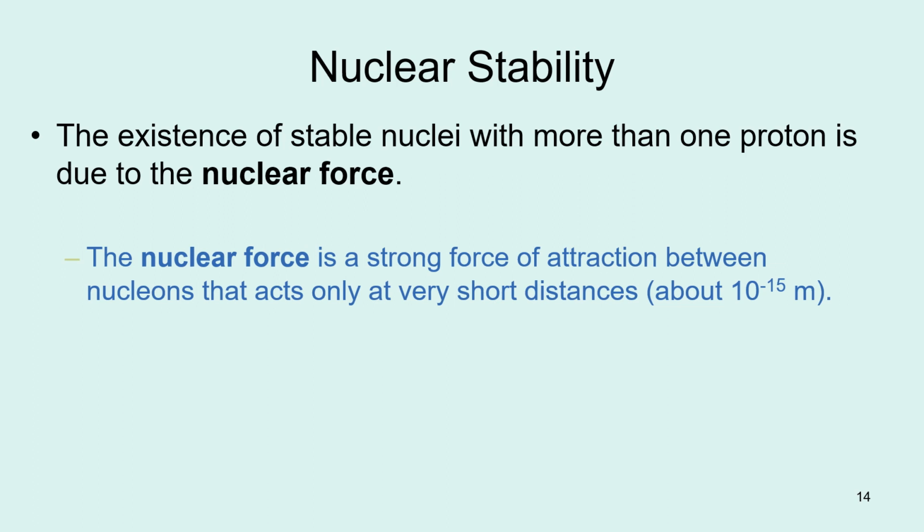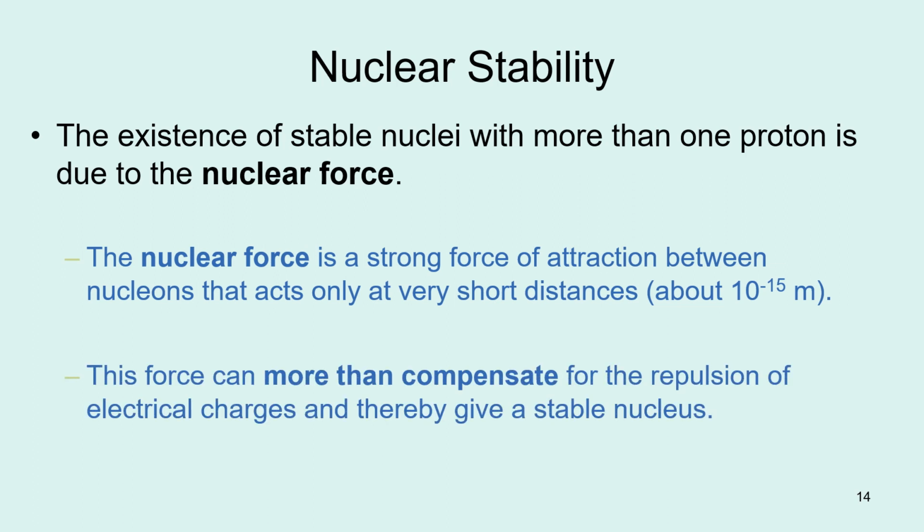If there's more than one proton, those protons are held together by a nuclear force. Of course, all protons are positive, and the positive charges are going to repel each other, so we have to have the neutrons in there. What's holding it together is the nuclear force. It's a strong force of attraction between these nucleons, the protons and neutrons, that acts only at very short distances.